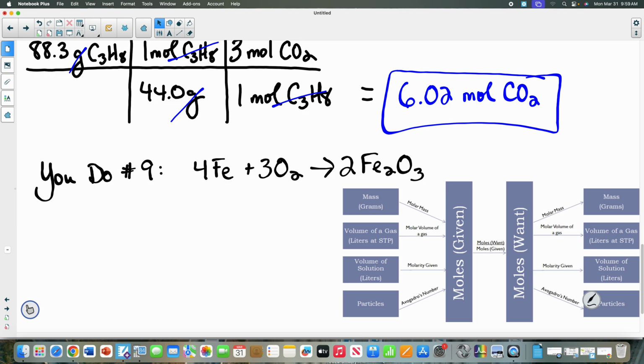If you have 135 liters of oxygen at STP, how many grams of iron? Oh, wait. We can do this. This is a good intro. So we have 135 liters of O2.